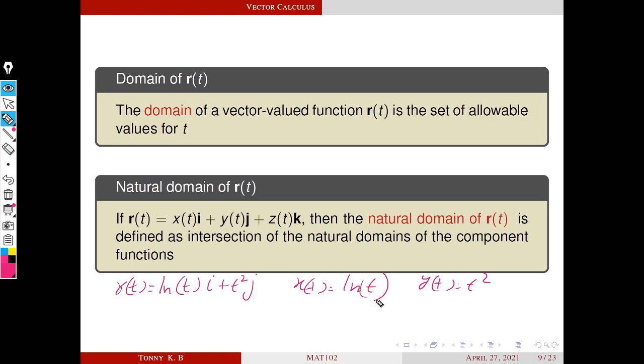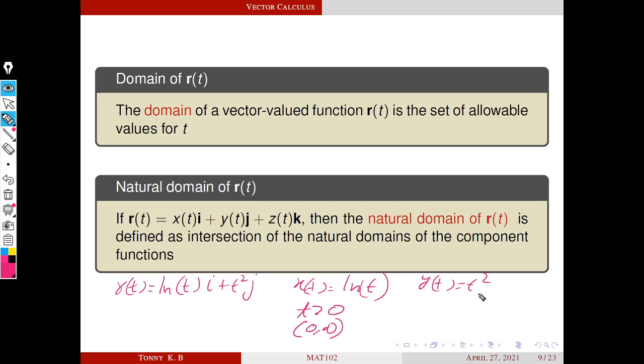We know that the log function exists only when the argument is positive. That means the natural domain of the first component function is t greater than 0, that means the interval 0 to infinity, isn't it? And similarly, what is the natural domain of the component function y of t equal to t square? We know that t square exists for all values of t.